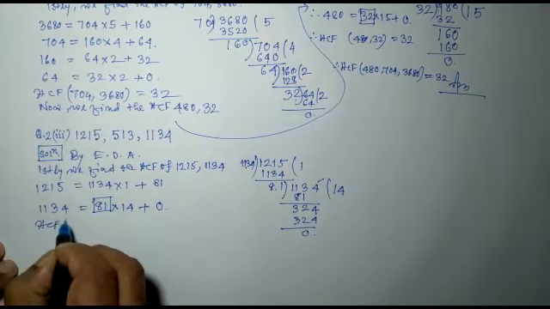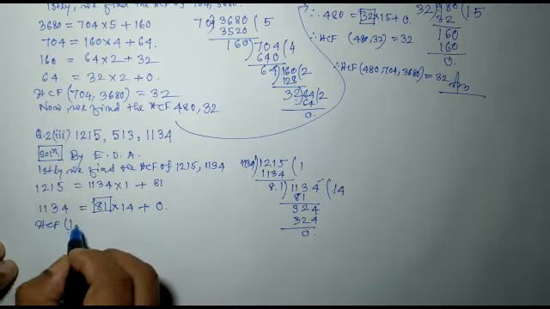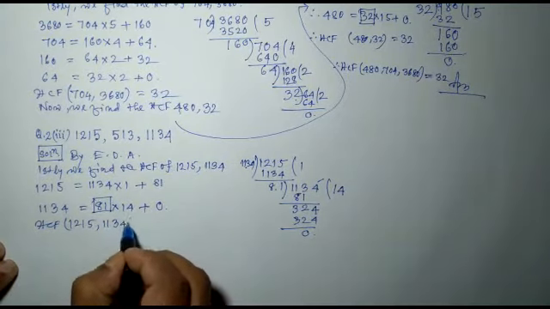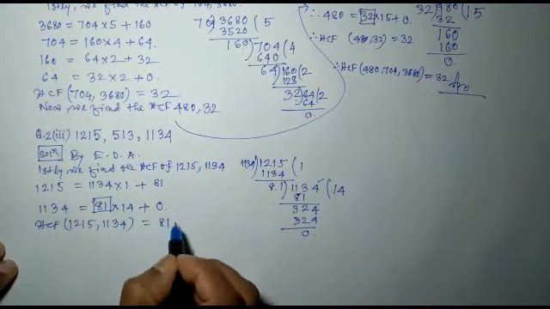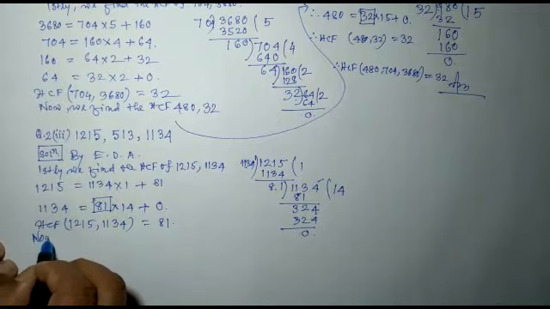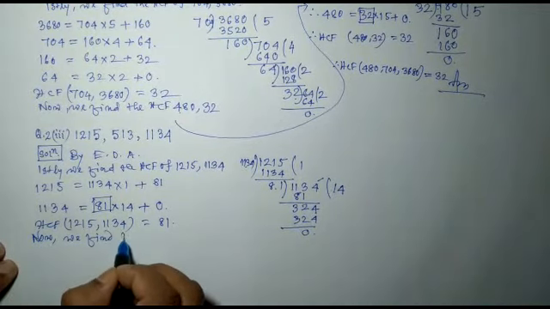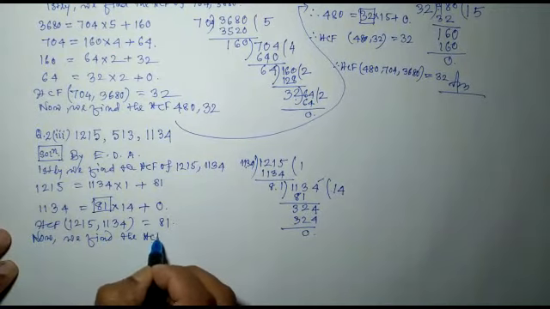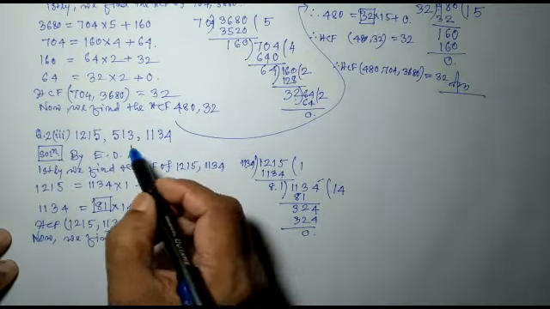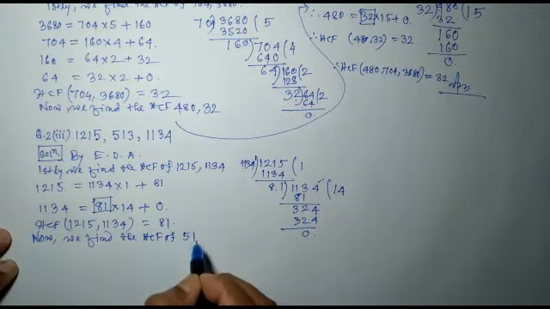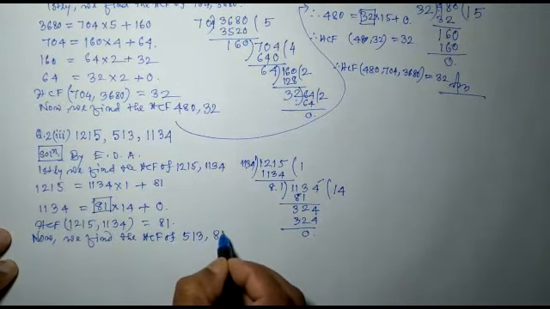We can write H.C.F of this 1215 and 1134 is equal to 81. And now we find the H.C.F of the third number. What remains here? 513. H.C.F of 513 and 81.